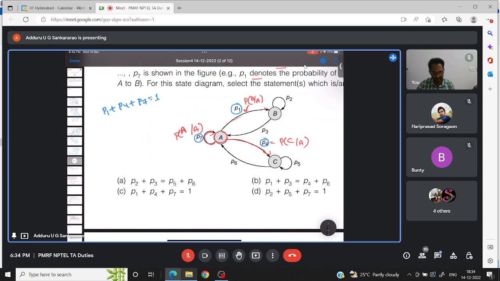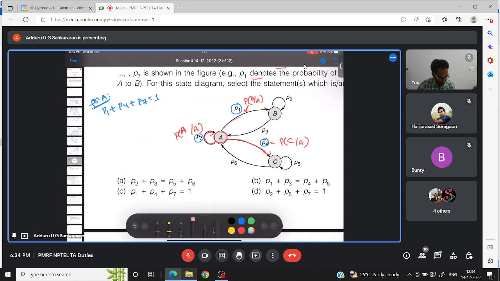Can I say this for state A? For state A, the sum of all state transition probabilities equals 1. Right? Similarly, for state B, what transitions are there? For state B, can you see here?